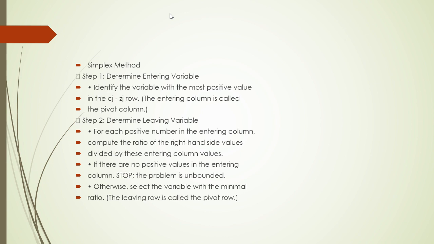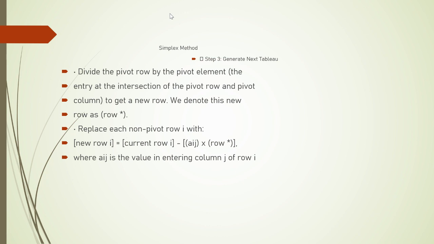And we will determine the leaving variable: for each positive number in the entering column, we'll compute the ratio by dividing by the entering column elements, and we'll divide the pivot row, which is the leaving row, by the pivot element. The pivot element is the intersection of the pivot row and pivot column. And again, we replace each non-pivot row with the new row.